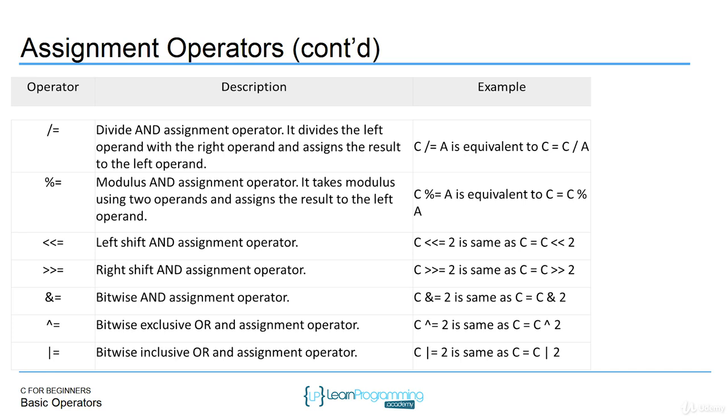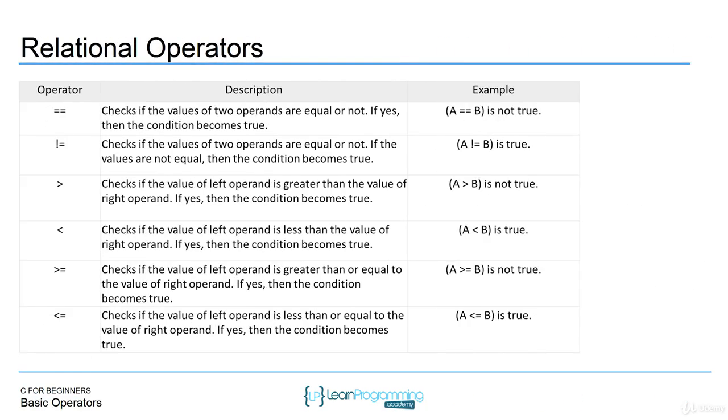And then again, the ampersand, the caret, and the vertical bar are all related to doing things on bits. So we'll come back to that, but they are part of the assignment operators. So the assignment operator is pretty easy, right? Assigning data, and then if you want to do a couple of expressions, then assign it, you do the combination ones.